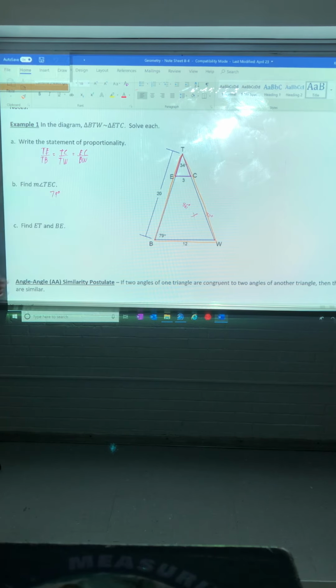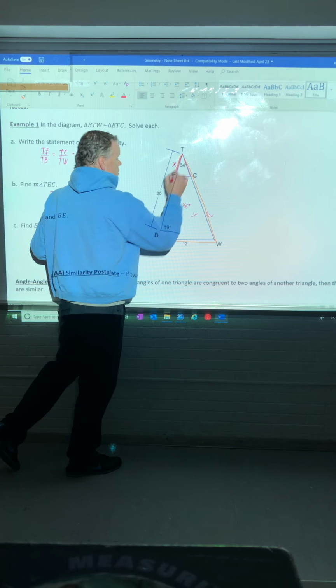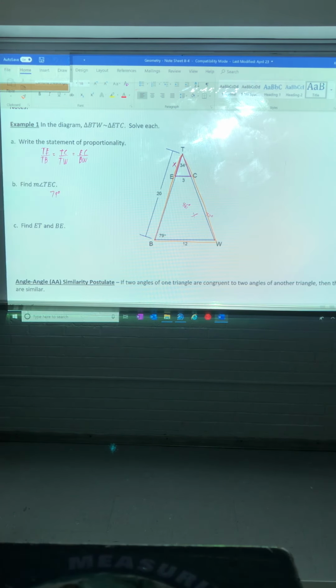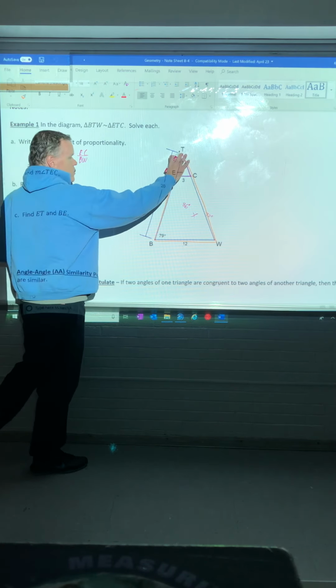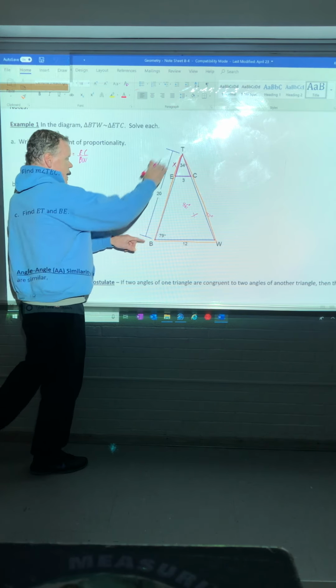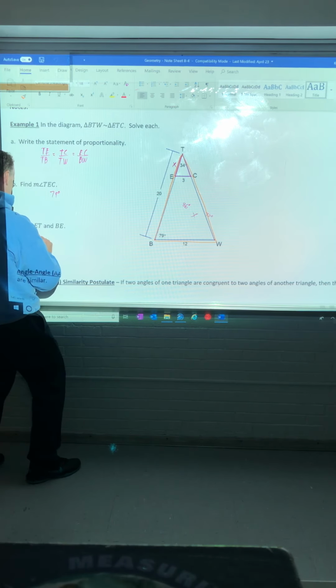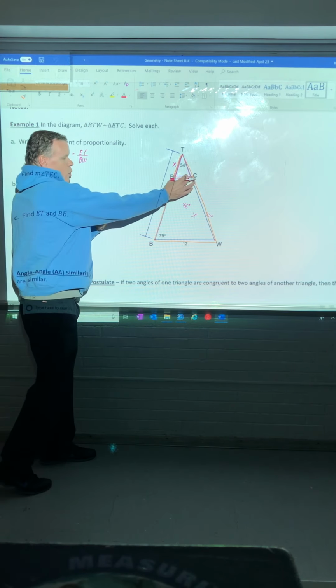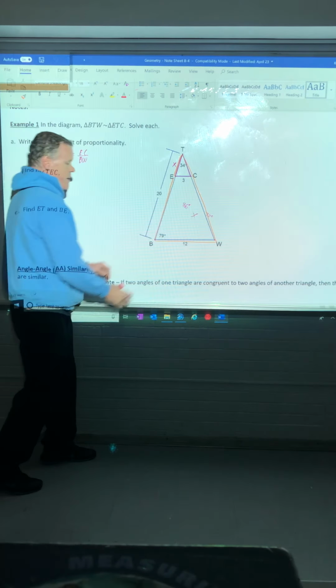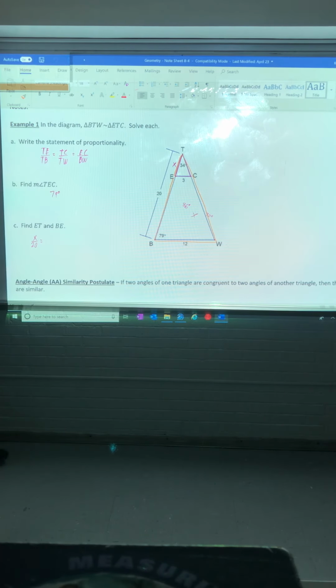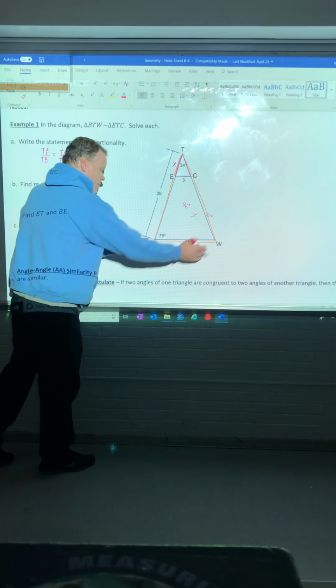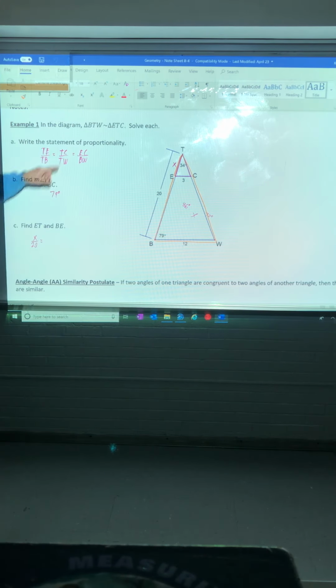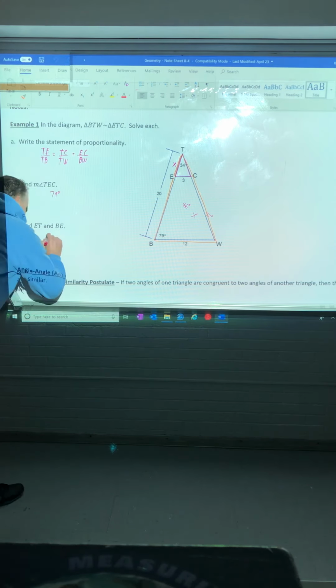You can make this X. If you make that X, then you know that X, the small side, over the big side, is going to have to equal the small base here, 3, over the big base, 12. Because this is the bottom of the small triangle, and this is the bottom of the big triangle. And we know that EC is in proportion to BW, so that's going to equal 3 over 12.